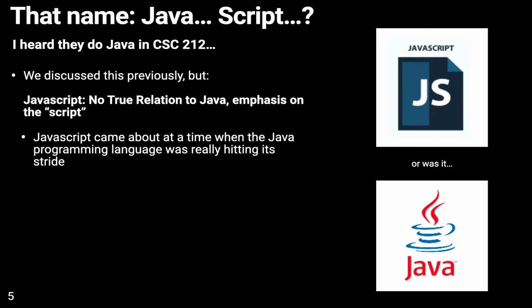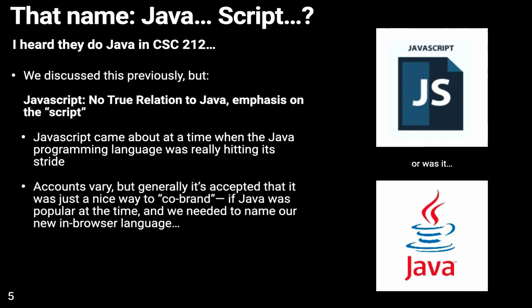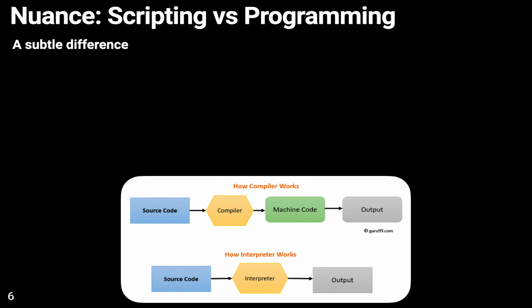It's in the top 10 for sure, but that was back when it was first going. So all the accounts vary. Generally, it's accepted that it was just a nice way to co-brand. So if Java was popular at the time and we needed to name our new in-browser language, JavaScript is the name ascribed. But the thing to focus on here is the script part. So this is a nuance that I want to bring up.